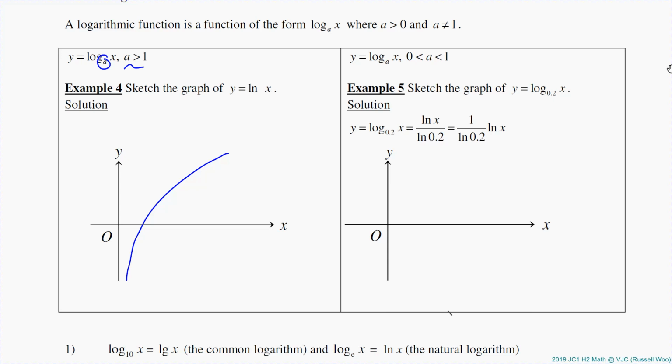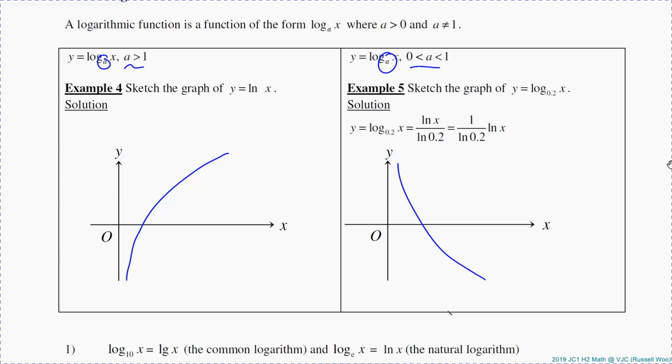So the answer to this is, as long as your base is between 0 and 1, then the graph looks like this. All good.